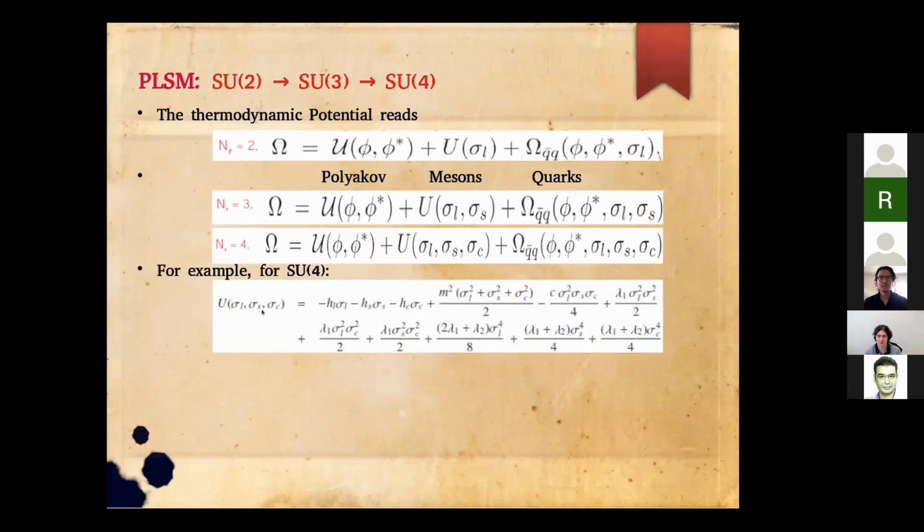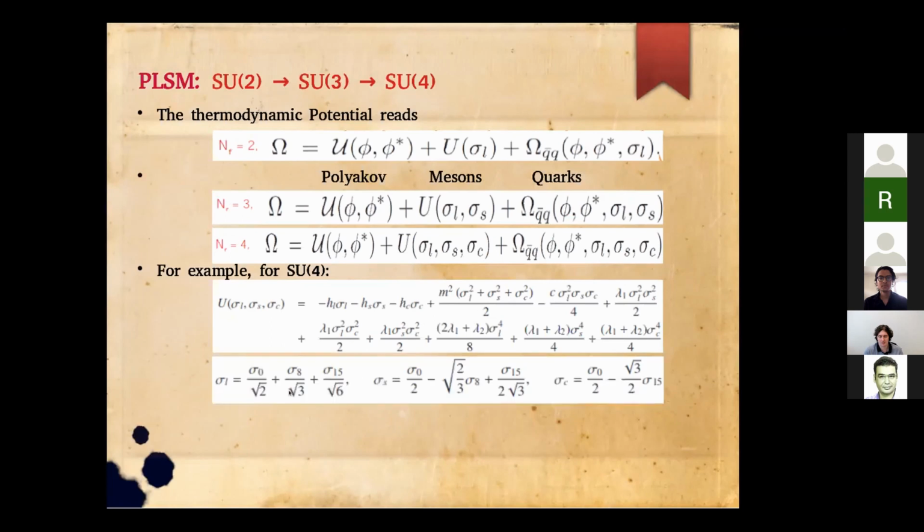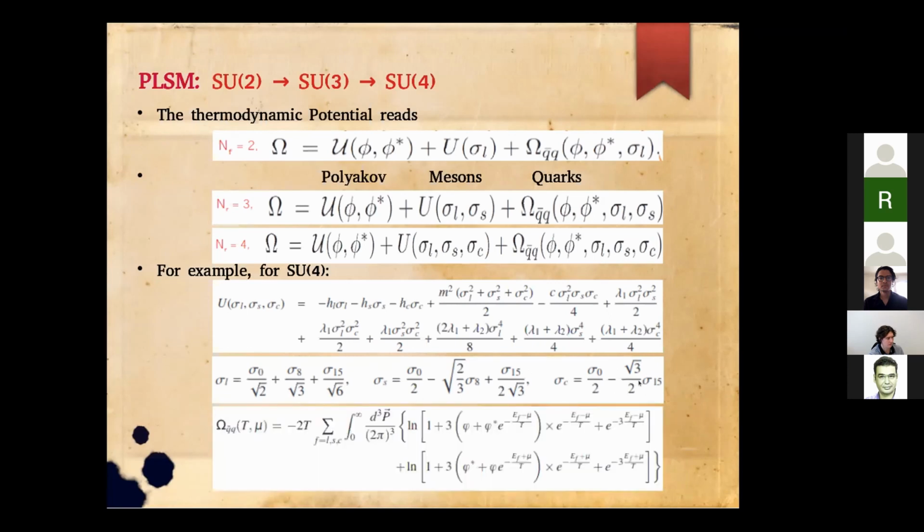Just to show you the part coming from SU(4), you can see this. We are including the four quark flavors and the couplings, the different condensates of the quarks, and so on. Sigma light, the condensate of light quarks, is given in this expression, for the strange quark in this one, and for the charm quark it reads something like this.